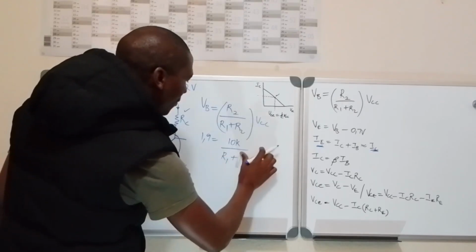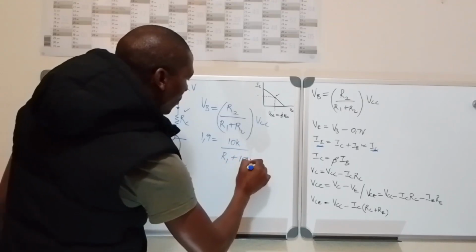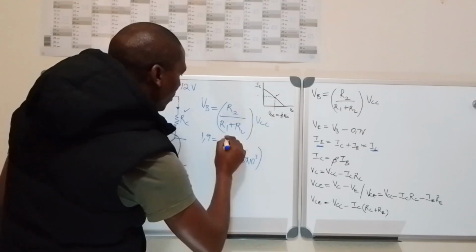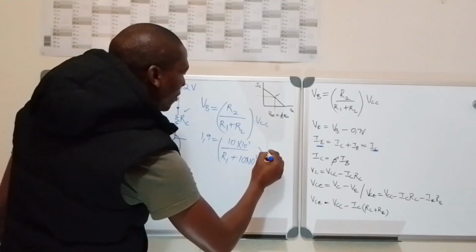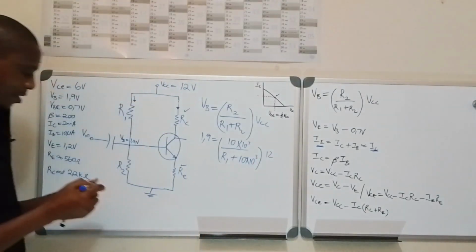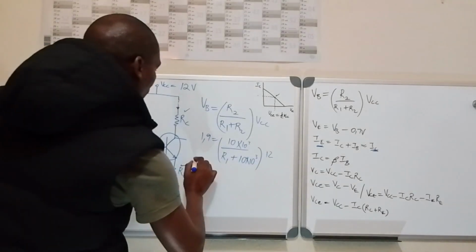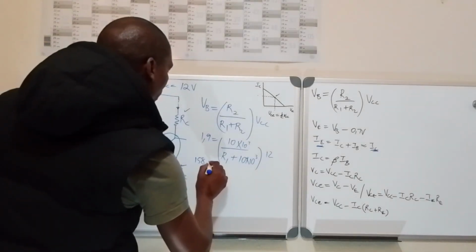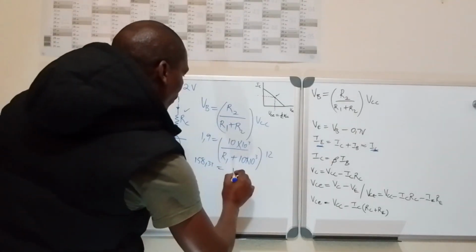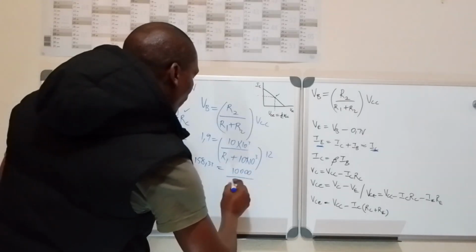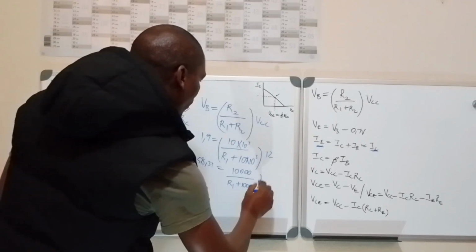Now we'll divide by 12 on both sides, and we get 158.33 times 10 to the power minus 3 is equal to 10,000 over R1 plus 10,000.